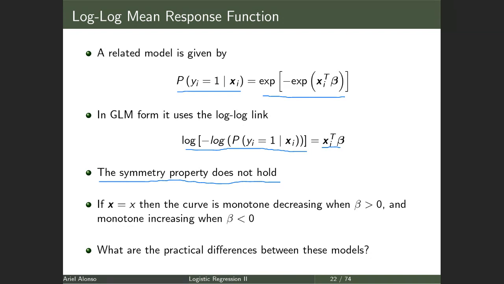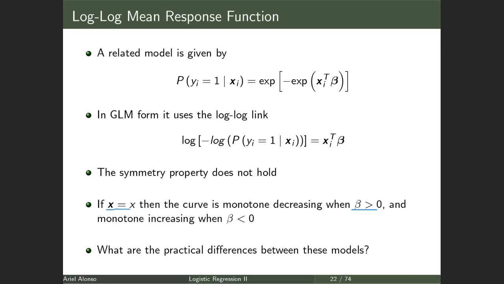Now, one of the interesting things about this link is that suppose that x is just a scalar, like in the animal experiment. Then if beta is positive, the model is monotone decreasing. So the larger the x, the smaller the probability of observing the toxic effect if beta is positive.